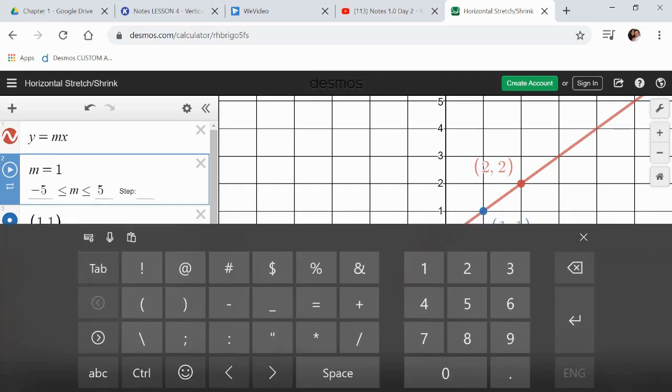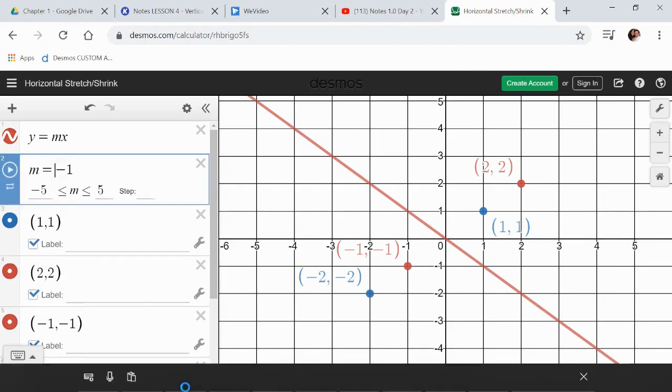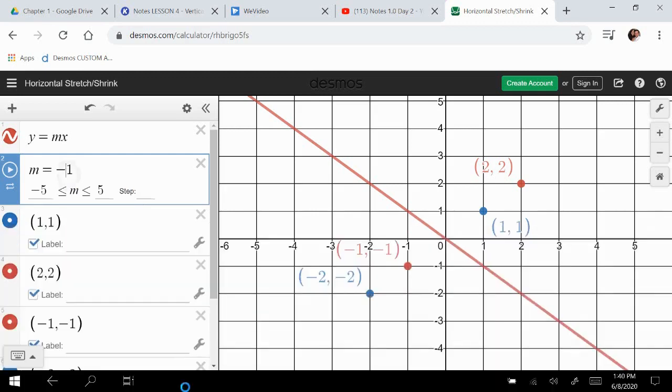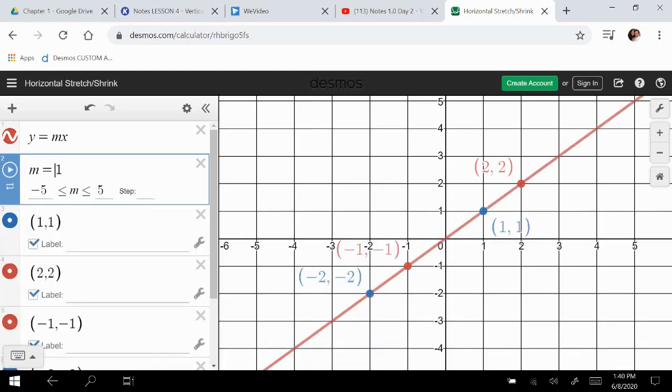Let's see. Put a negative. See what happened to the graph? It just totally flipped. So that's what happens when you put a negative in front of the graph, it's going to cause the graph to flip.